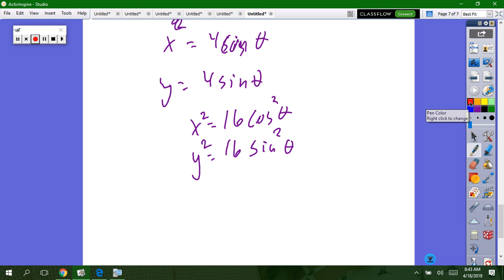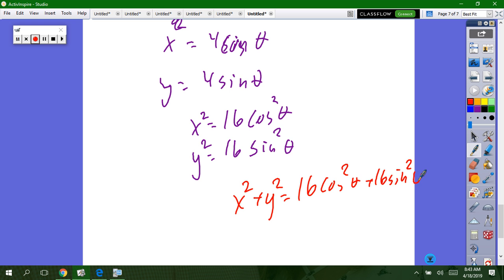Okay. Let's add those two rows together, just like we do with elimination. What do these two share? What's left over? Oh, one. Whoa.